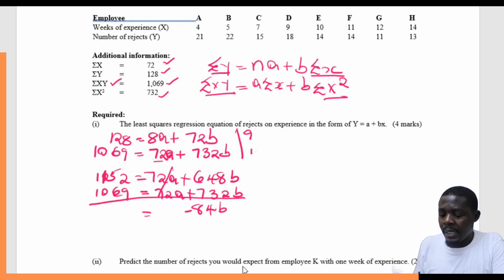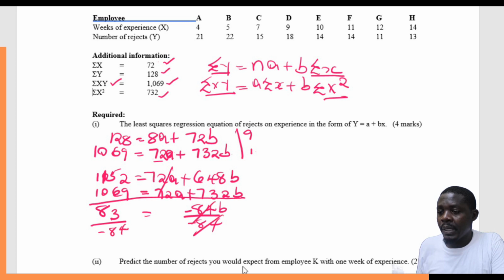To get the value of b, we divide both sides by negative 84. b is going to be 83 divided by negative 84, which is negative 0.988, using 3 decimal places.